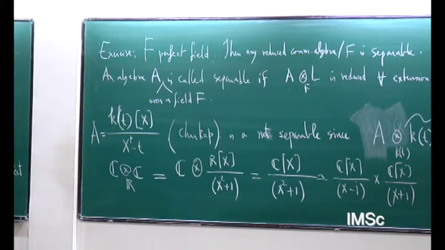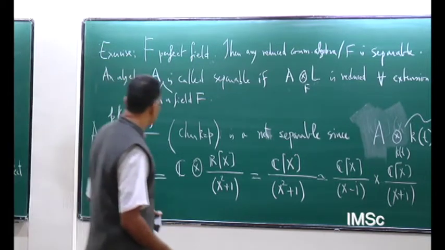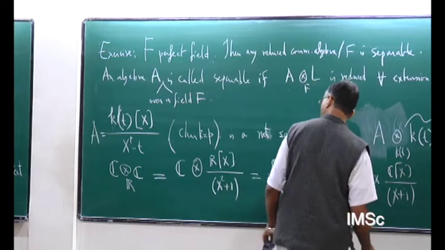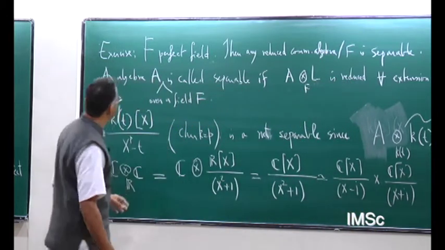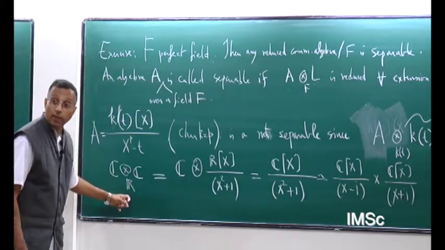In fact, that was what is involved in our other result: if the group has no p torsion, then the group ring is reduced. The idea of that proof is the same. So you can say C is a separable algebra.